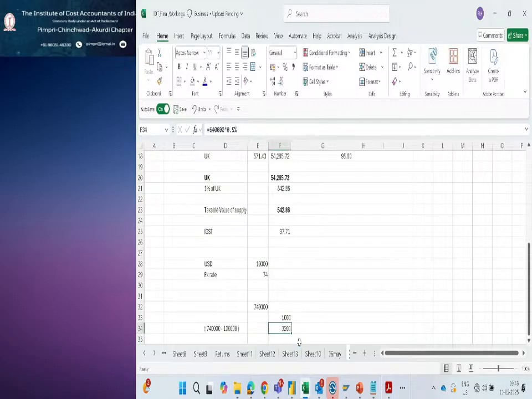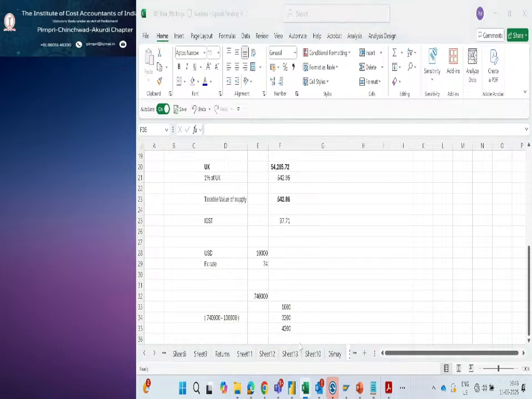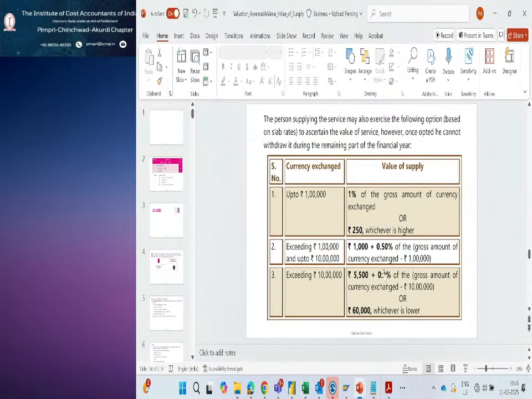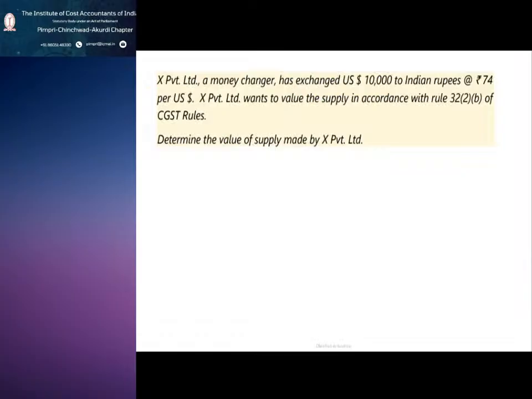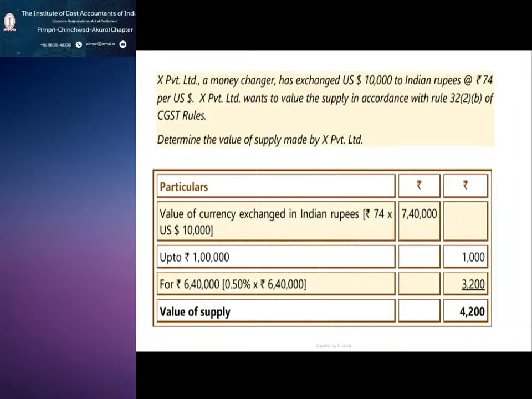So your taxable value of supply is how much now? 4,200. That's all. So 32(2)(b) is very simple, but you need to remember this calculation. Okay. So 4,200. You can have a look at this problem now.